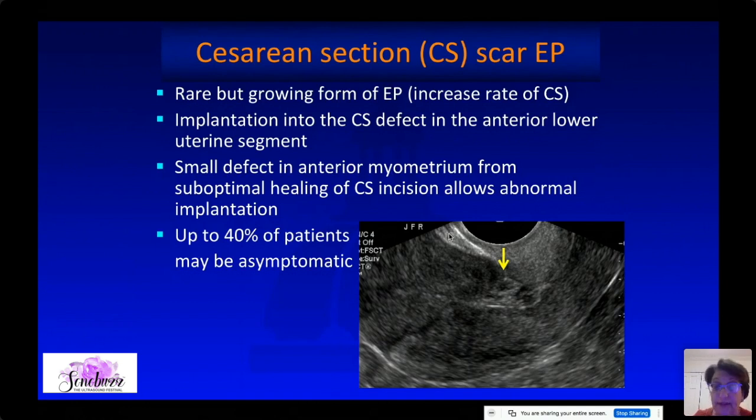Technically, again, they are intrauterine, but it's still an abnormal implantation. What happens is that this implants into the defect in the lower uterine segment of a previous cesarean section. Something to think about, because some of these patients are completely asymptomatic and you may be the first one making that diagnosis.